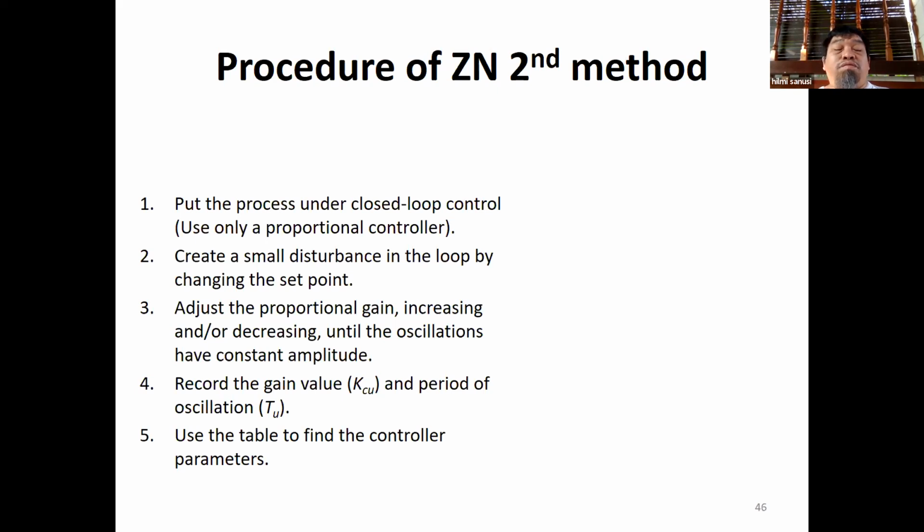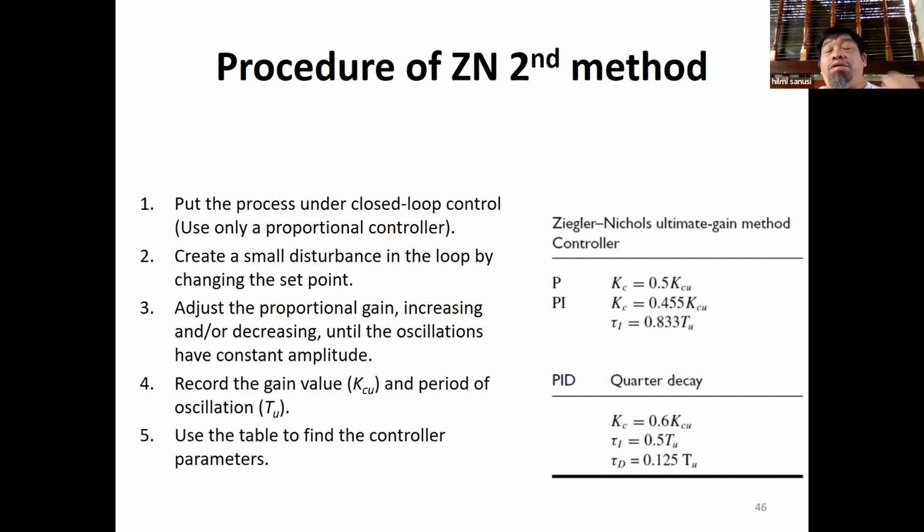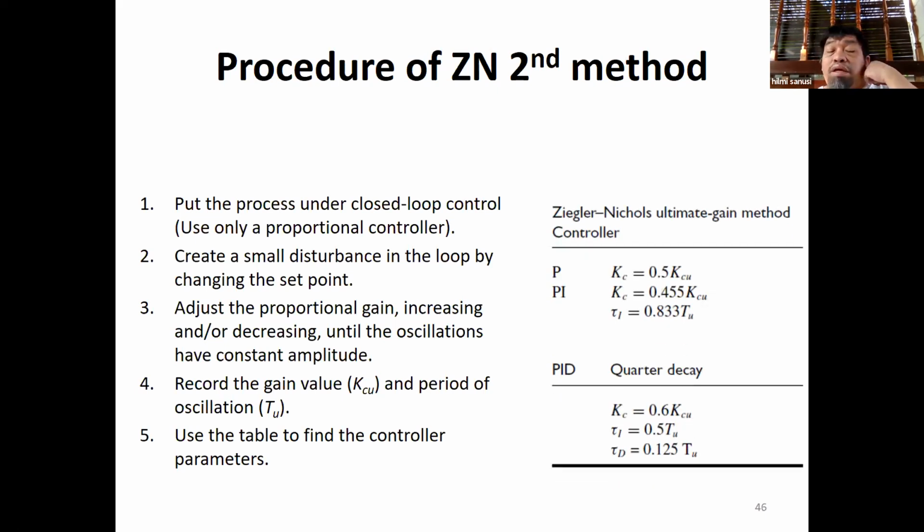Once they oscillate, you find the frequency of the oscillation, and then from here you can calculate what is the, apa nama tu, daripada frequency of oscillation dengan the gain, then you can find what will be your P, PI dengan PD, PID.